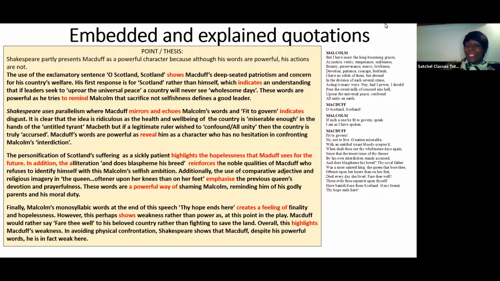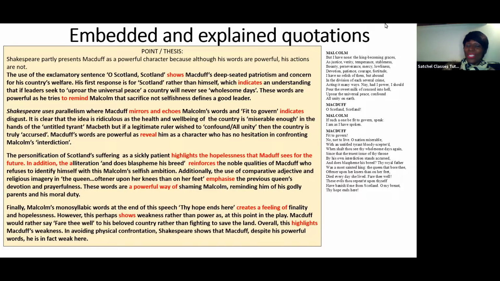You'd be embedding the quotations and explaining what they show, what they indicate, what they mirror, what they reveal, what they emphasize, and what they highlight. So my example is something like this. Shakespeare partly presents Macduff as a powerful character, because although his words are powerful, his actions are not.